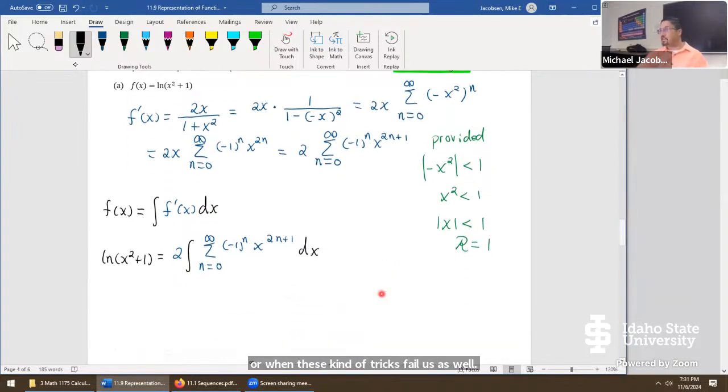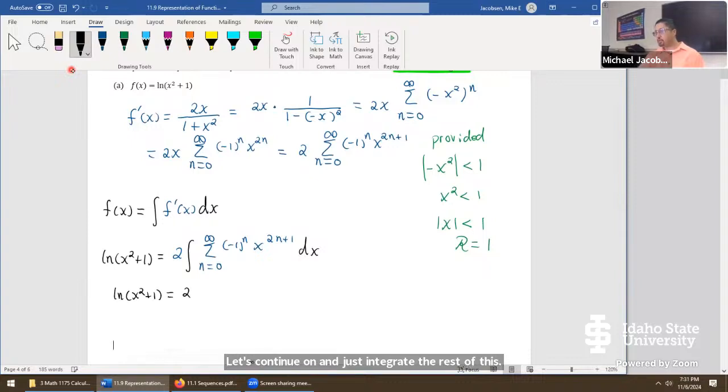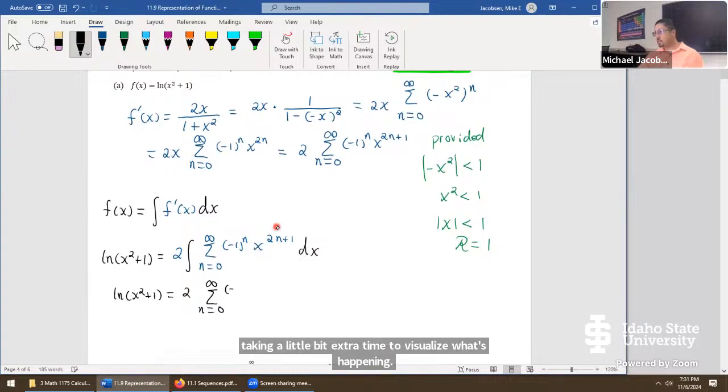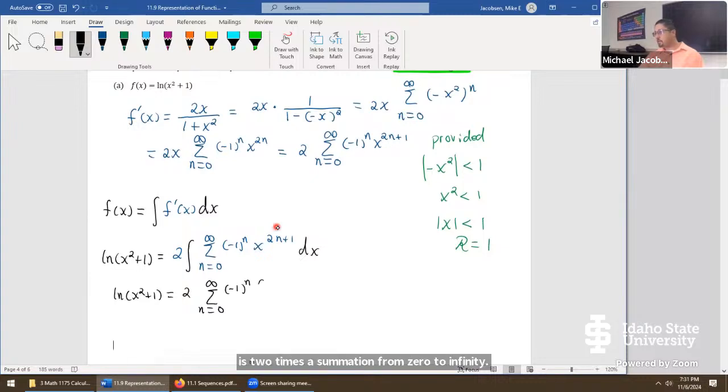Let's continue on and just integrate the rest of this. Natural log of x squared plus 1 is now 2 times the summation from 0 to infinity, negative 1 to the nth power, and we're integrating x to the power 2n plus 1 dx.